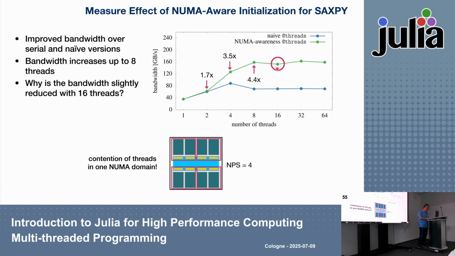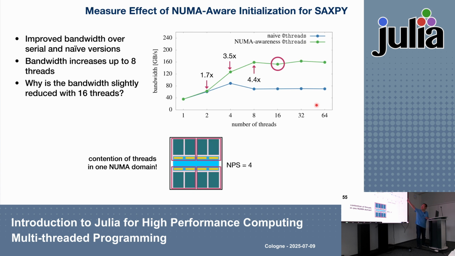But another observation is that you will reach the saturated memory bandwidth, which is physically possible from the hardware, very quickly. With more and more cores, there's no improvement because, with 16 threads or maybe 8 threads, you can already saturate the entire memory bandwidth for the CPU socket.